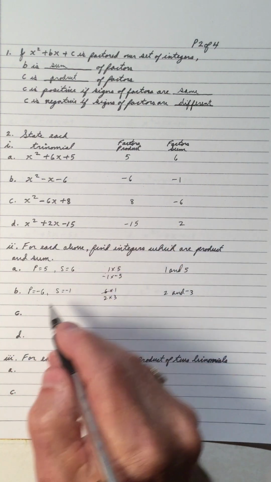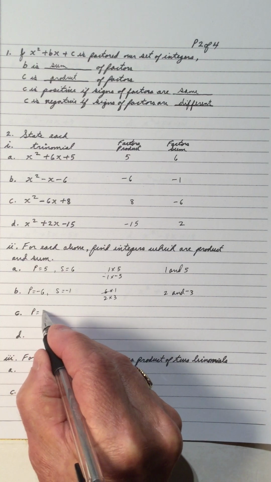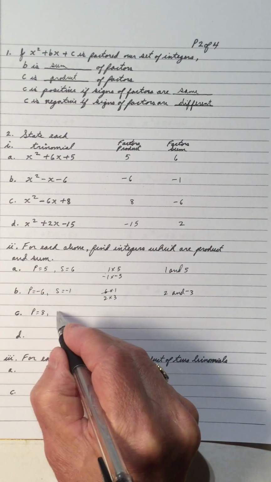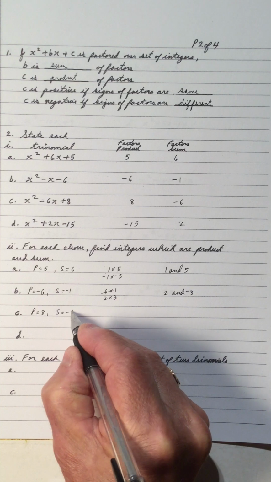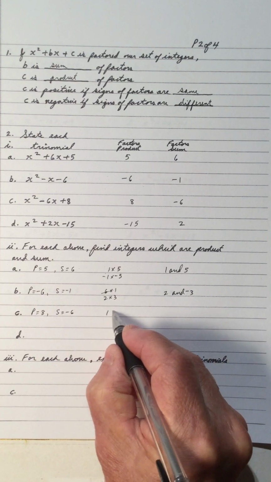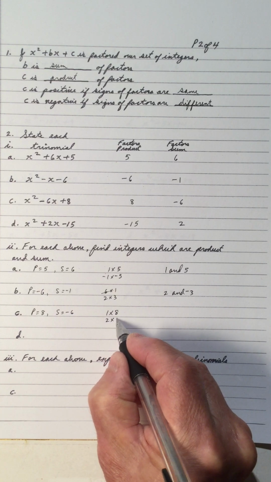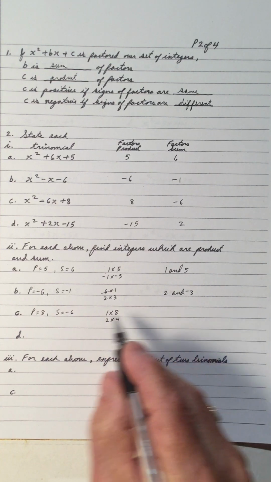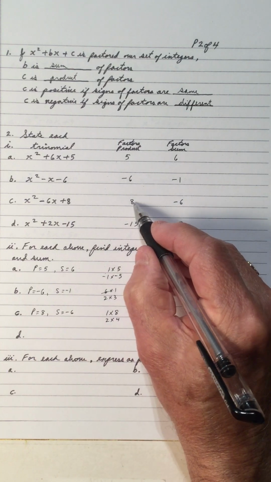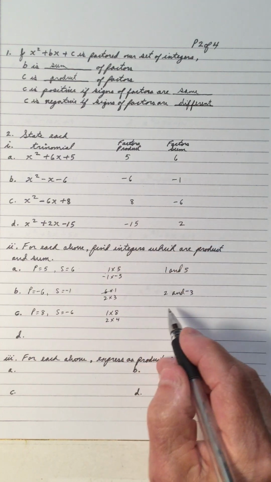C, we have a product of 8 and a sum of negative 6. So the factors of 8 are 1 times 8 and 2 times 4. Now, again, the product is positive and the sum is negative.